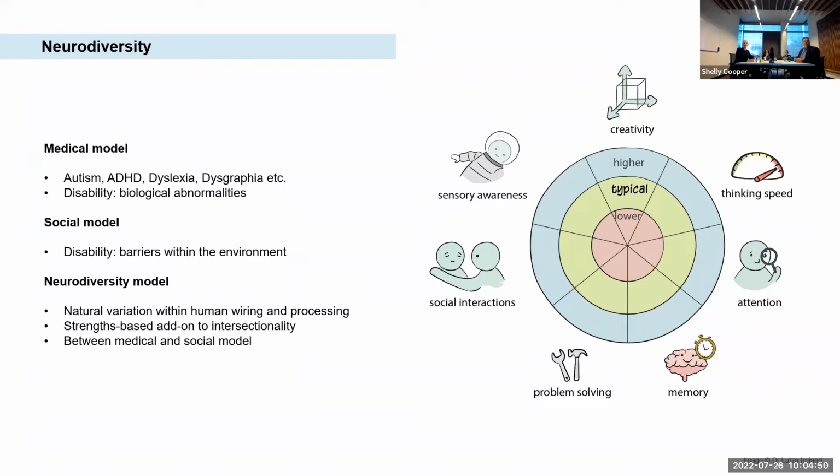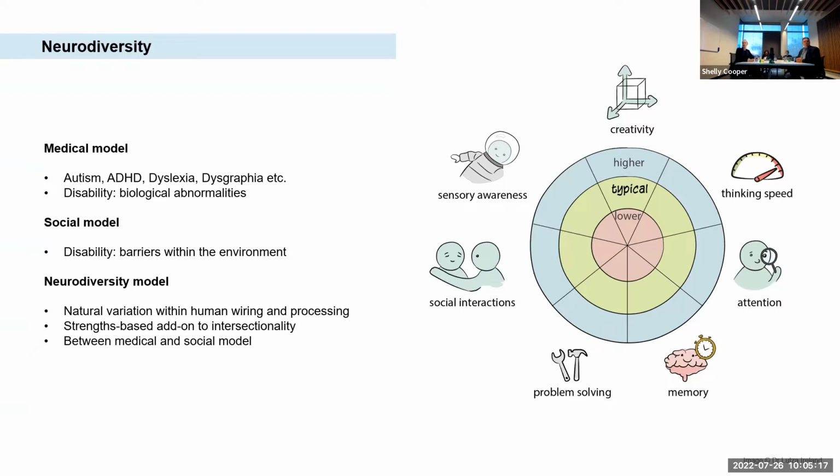And the neurodiversity model somewhat goes one step further, saying that, building on the social model, neurodiversity is a natural variation within how we are wired and how we process information. But it's not necessarily a disability. In fact, it can be a really strength-based add-on to intersectionality.